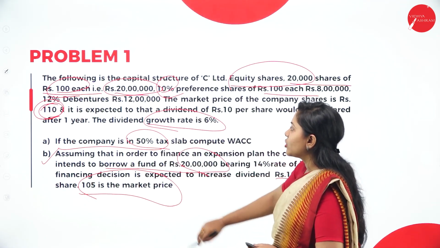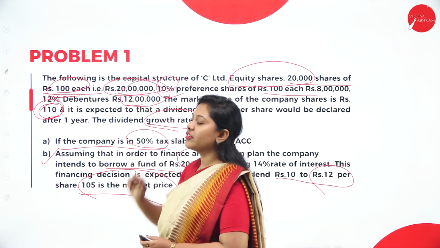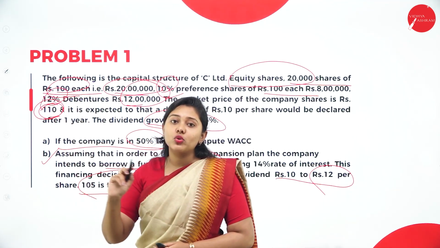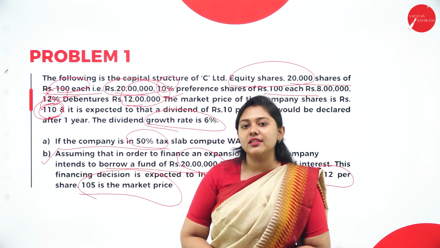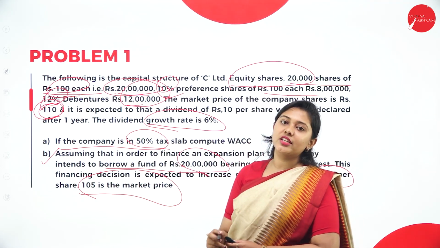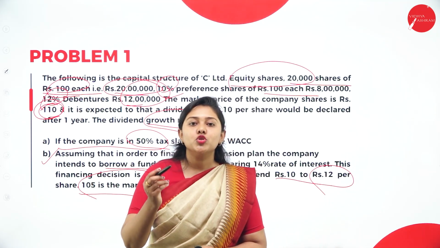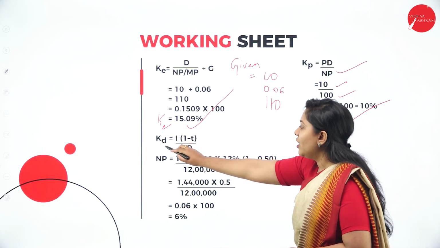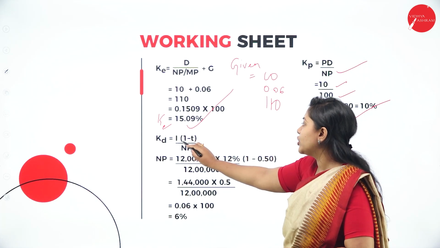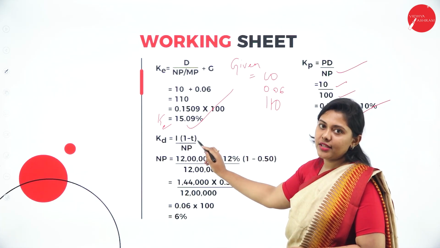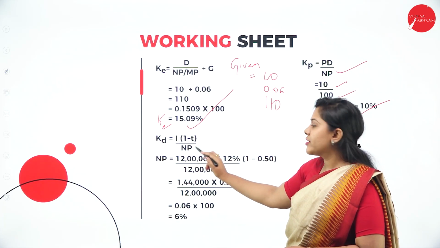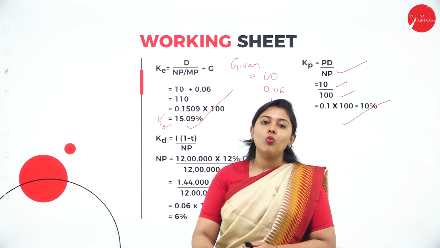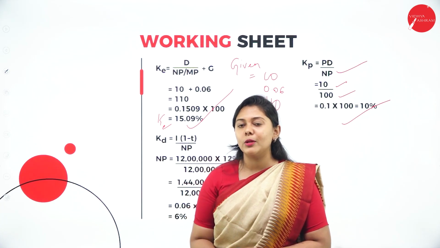So what is given in the question? Net proceeds is given, that is 12 lakh. The interest rate is 12%, and the tax rate is 50%. Cost of debenture is equal to interest times 1 minus tax, divided by net proceeds. So 12 lakh into 12% is 1,44,000, the interest.